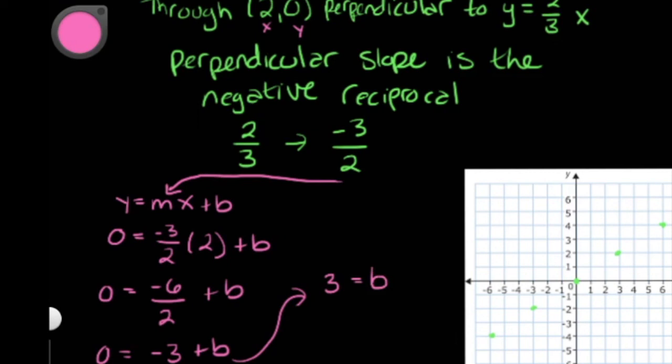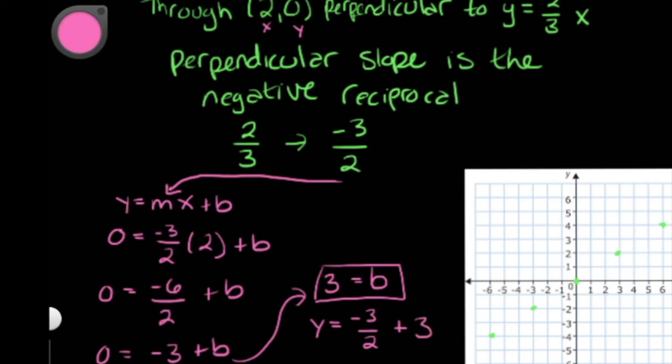So that means the equation of this perpendicular line is going to be y equals my negative reciprocal slope, which is negative 3 over 2, and my y-intercept we just found was 3, so plus 3.